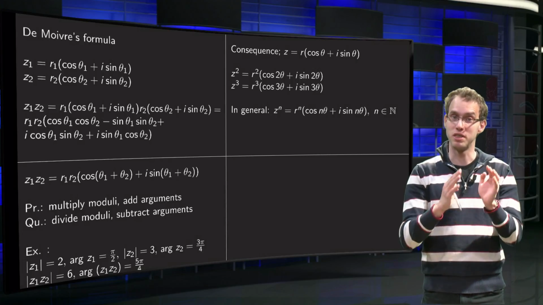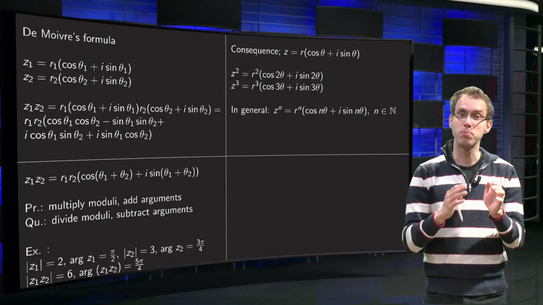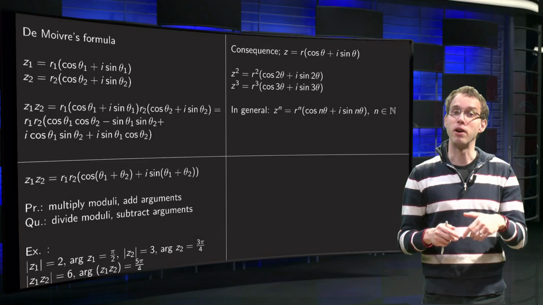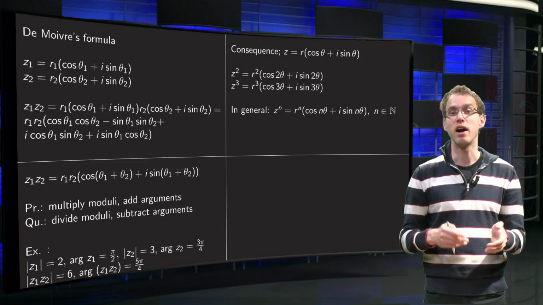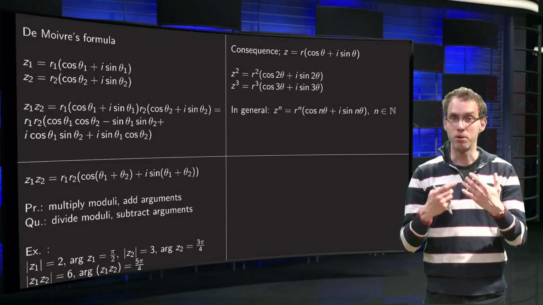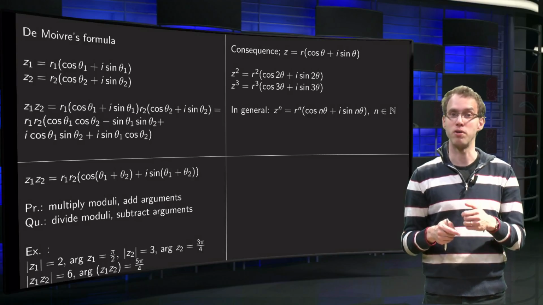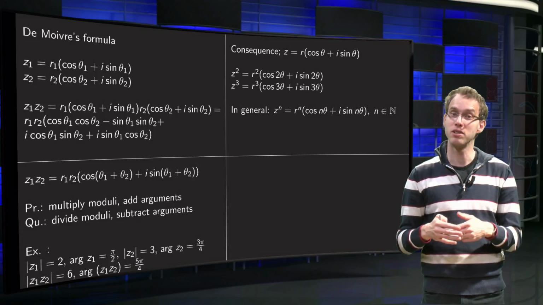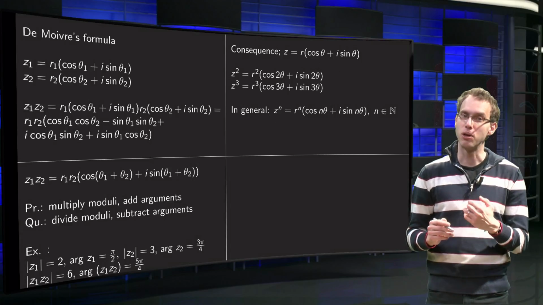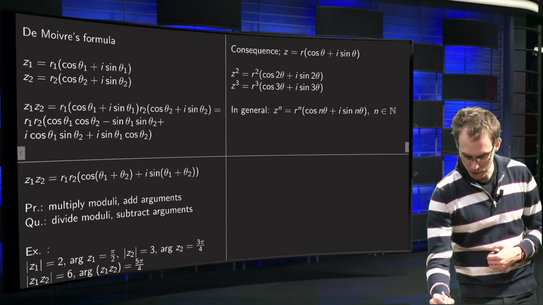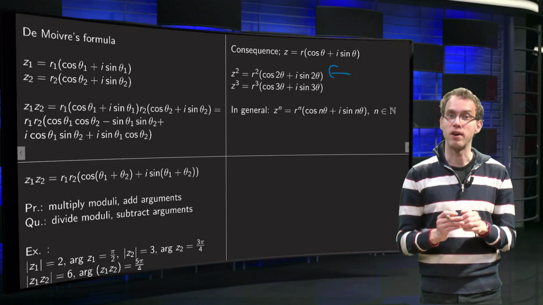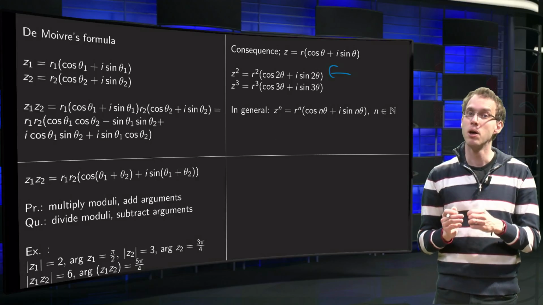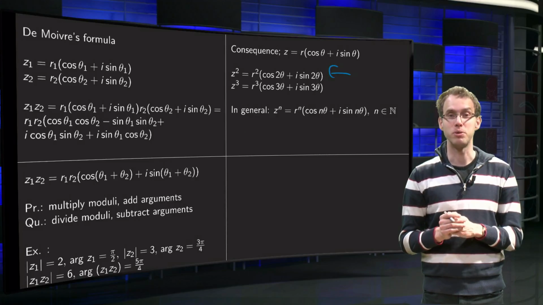Well, z squared equals z times z, so we multiply our complex number with modulus r and argument theta by another complex number also with modulus r and argument theta, which means for our product we have to multiply the norms, so we get r squared, and we have to add the arguments, so we get theta plus theta equals 2 theta. So z squared has the polar form r squared times cosine 2 theta plus i times sine 2 theta.